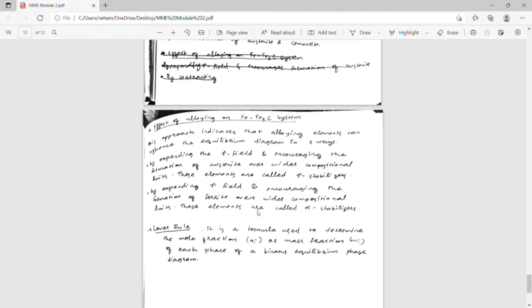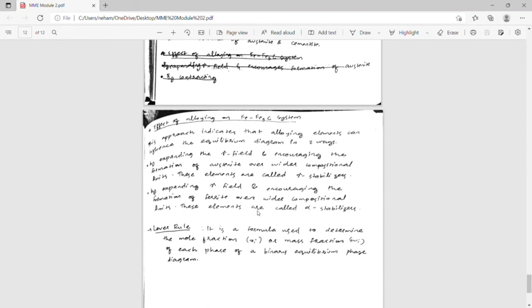Effect of alloying in iron carbide system. There are two effects for us to study. By expanding the gamma field, it encourages the formation of austenite over wider compositional limits. These elements are called gamma stabilizers.